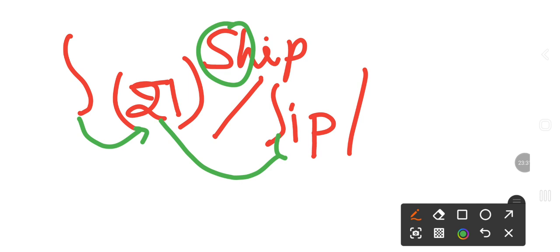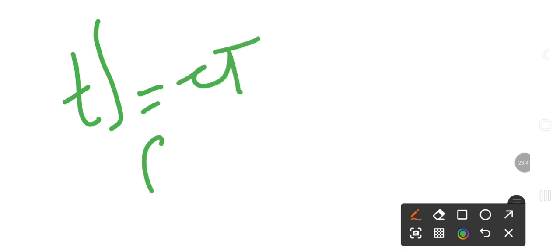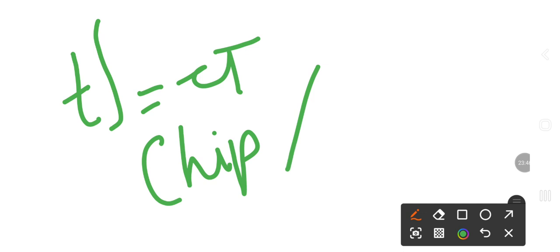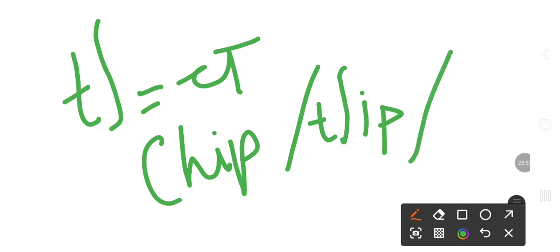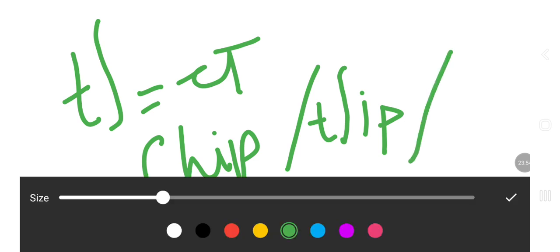Right? Now the next sound is ch. This is the ch sound. Example, chip. So the phonetic transcription is ch, i and p. Chip. This is written chip.